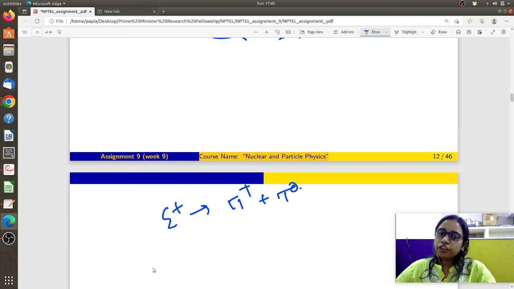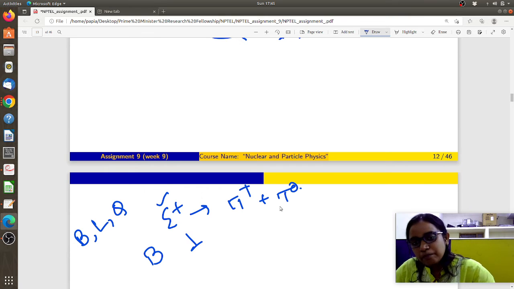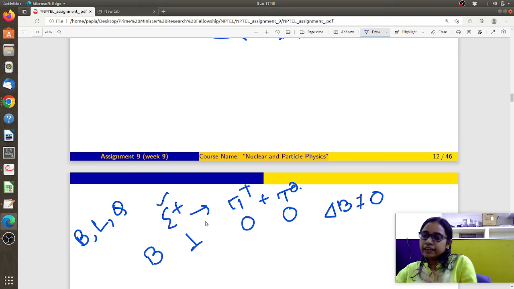So for allowed or not, we should see B, L and Q. At first I am talking about B. Sigma is obviously a baryon, so for sigma B will be 1, and for pi plus B is 0, for pi 0 B is 0, so delta B is not equal to 0 here. So the very first one is already not conjugate in that expression.